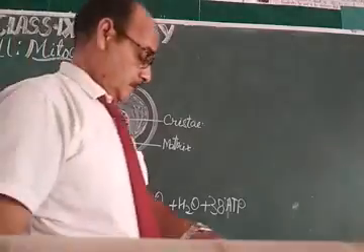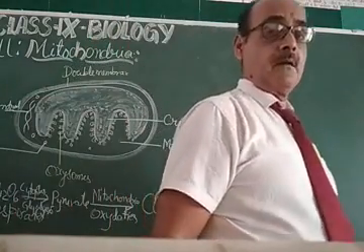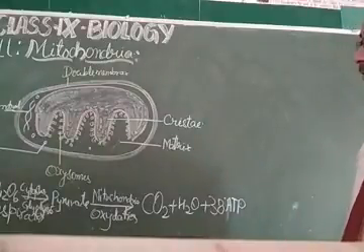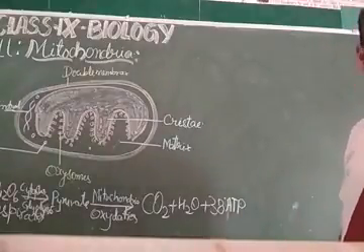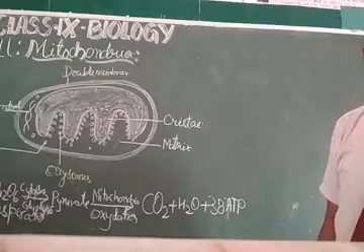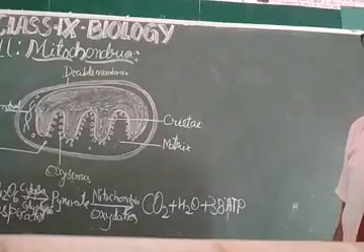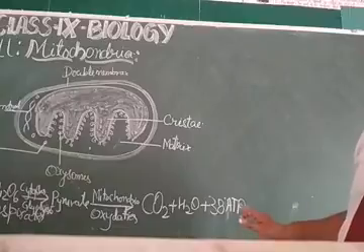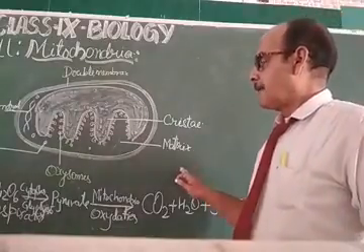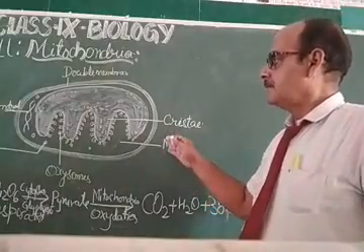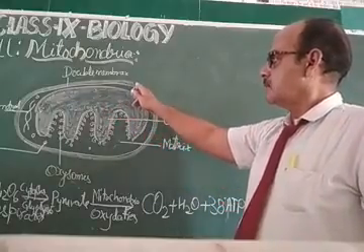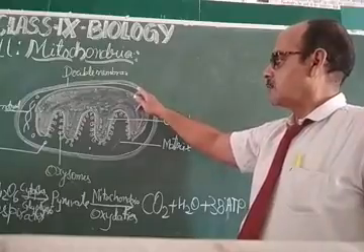Dear students, let us have a short look at this diagrammatic representation of the mitochondria. You are looking here at the mitochondria, the most important cell organelle, which is suspended in the cytoplasm of the cell, and it has its own DNA, surrounded by the double membrane, inner membrane and outer membrane.